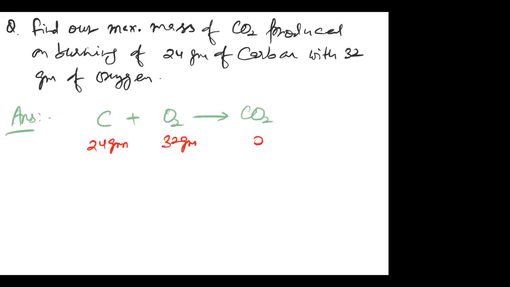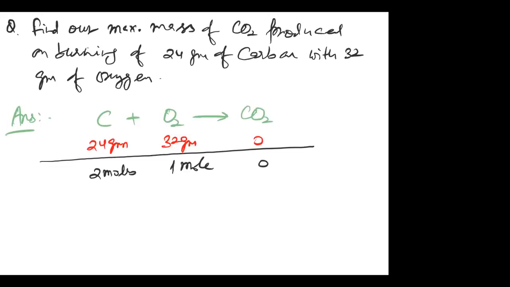It is given as mass, so you can find out their number of moles also. Carbon's number of moles is found to be 2 moles. Oxygen's number of moles is found to be 1 mole. So here it is easy to guess which one is the limiting reagent. Limiting reagent is found to be O2, as it has fewer moles per stoichiometry.